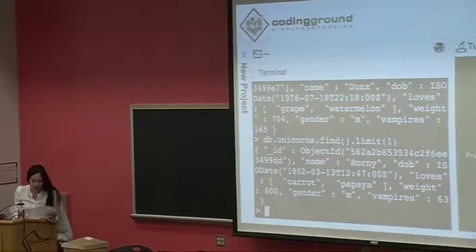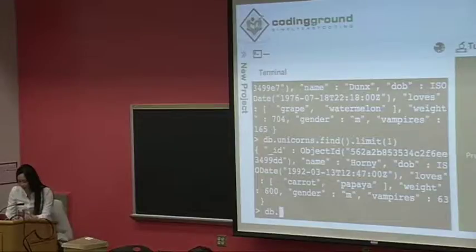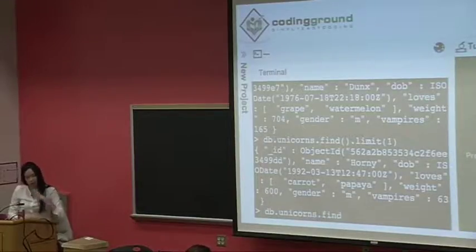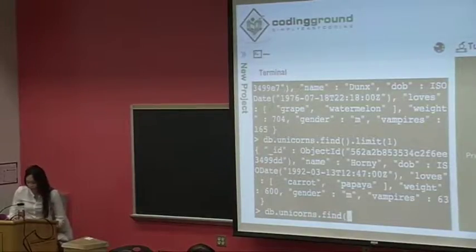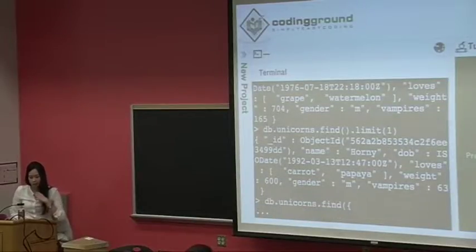All right, for the third query, we want to find the unicorns that love apples or oranges. This is a cute one. Again, we find unicorns against the database object. What are the criteria we are looking for? They have a loves field saying what kind of food the unicorns love, so you can just put loves.